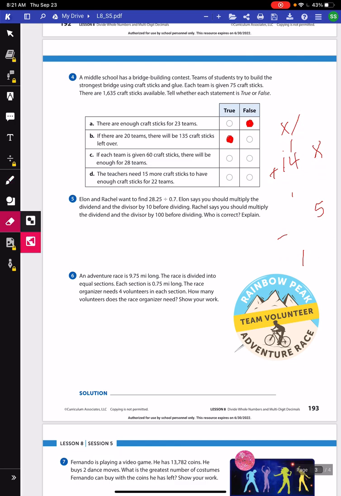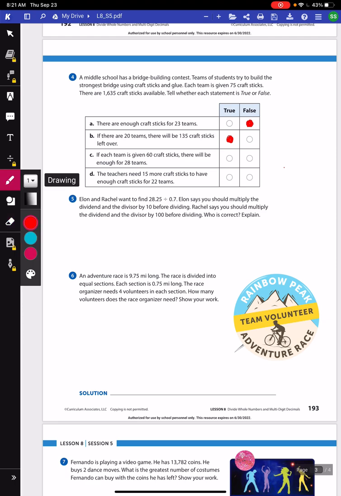I'm going to erase this just so I have room to show my work. You don't have to erase yours. You can leave yours on your page. All right, so if each team is given 60 craft sticks, there will be enough for 28 teams. So 60 times 28. 8 times 0 is 0. 8 times 6 is 48.